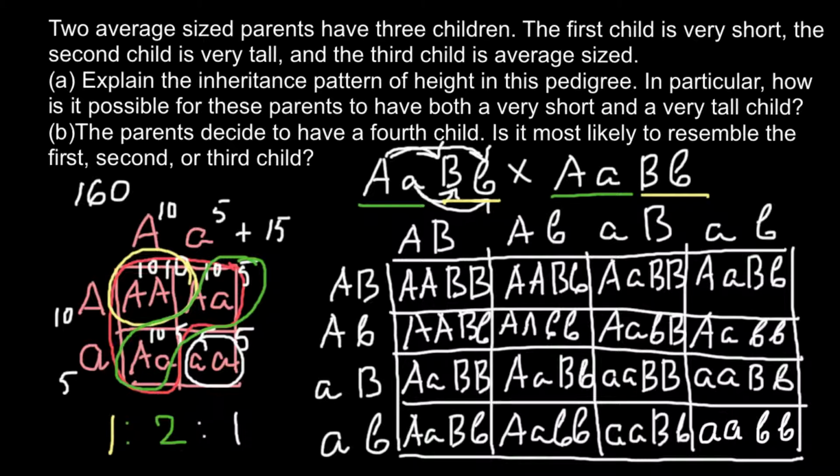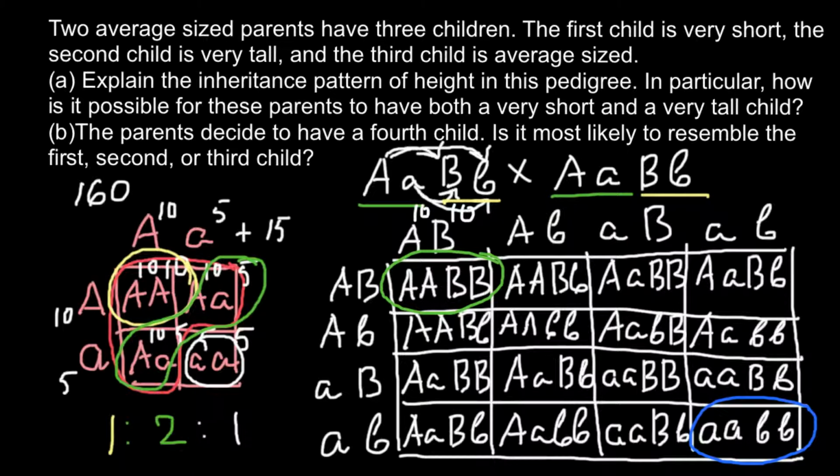Once again, if each dominant allele gives some characteristic that is superior to the recessive allele, just using the same example, 10 centimeters here, 10 centimeters here, as you see, this genotype would produce the tallest variant, and the genotype that is here would produce the variant that is going to be shortest.